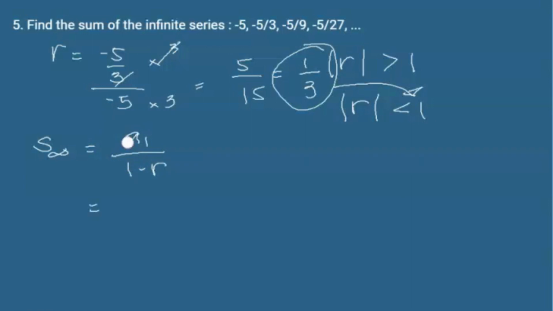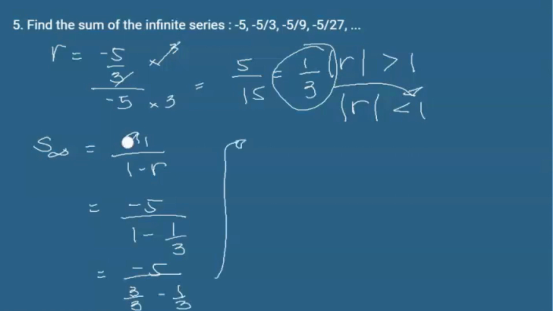Our a sub 1 is -5, and 1 minus the common ratio 1/3. So -5 over, let's make 1 as 3 over 3, 1 minus 1/3, so we have -5 over 2/3.